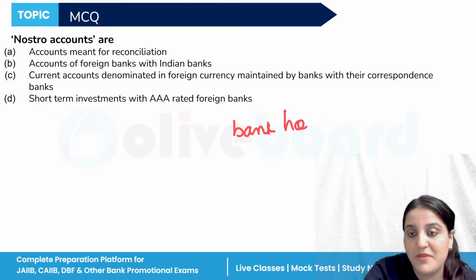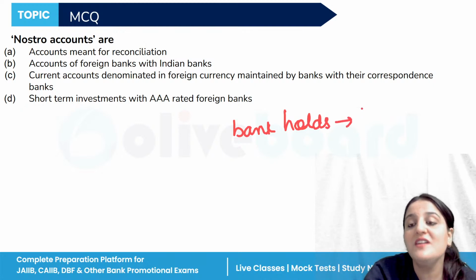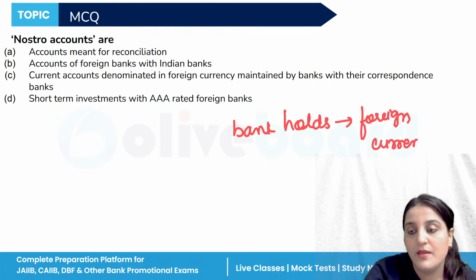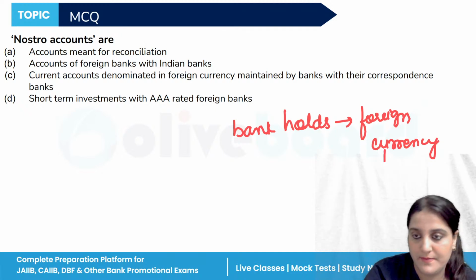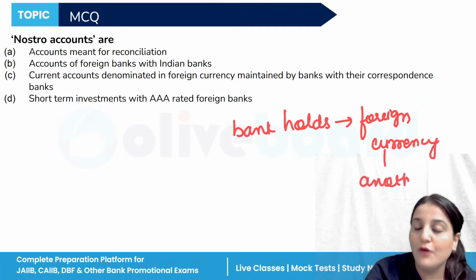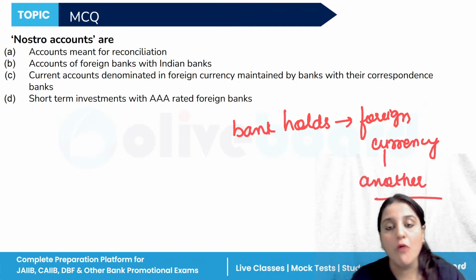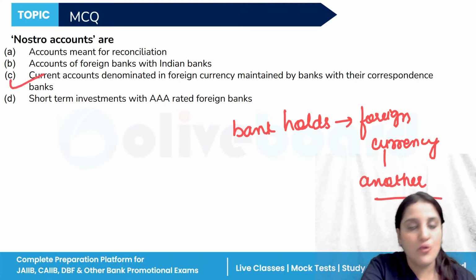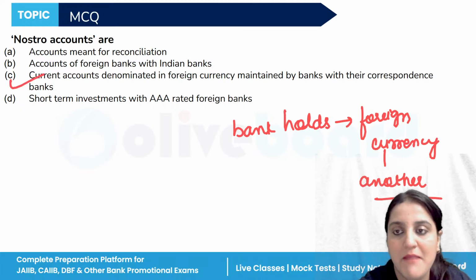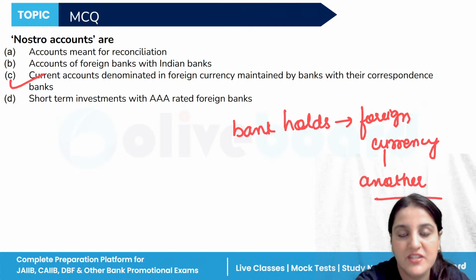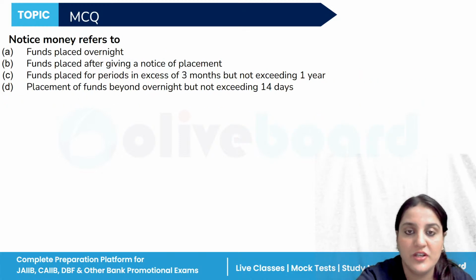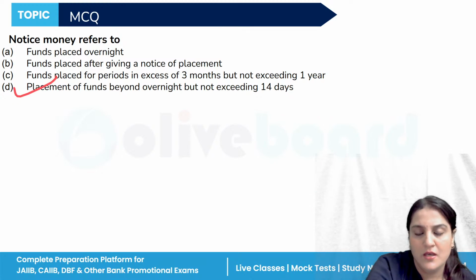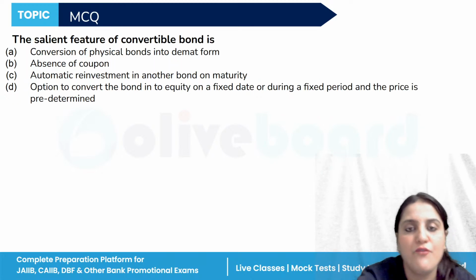It is an account which a bank holds in a foreign currency in another bank outside its home country. Basically, current accounts denominated in foreign currency maintained by banks with their correspondent banks. Notice money refers to, as I told you, the placement of funds overnight, not exceeding 14 days.